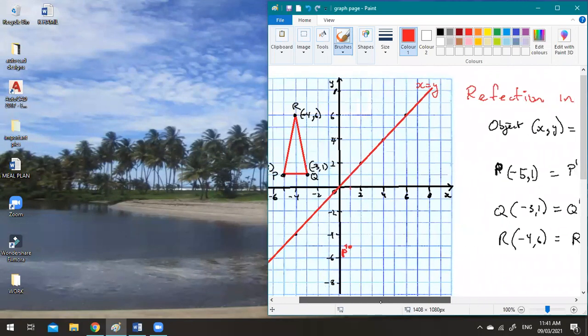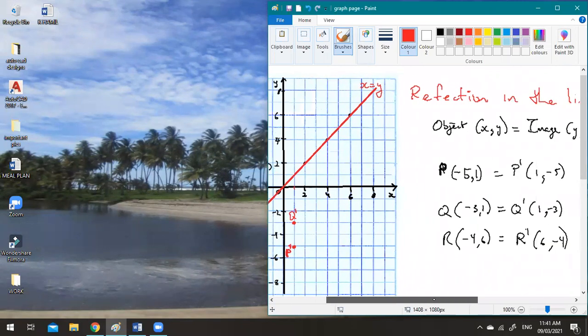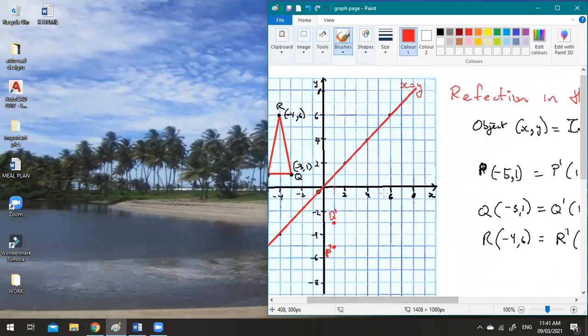Q is 1 and negative 3. So again, 1 is here, negative 3 is here. Right? So Q prime. And R now is 6 and negative 4. 6 is here on the x, and then negative 4. Right, so this is R prime. And then we draw the lines.